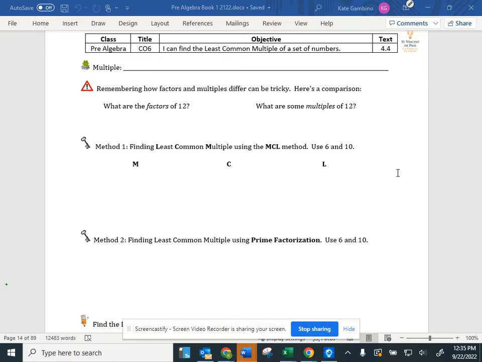All right, so least common multiple. What is a multiple? A multiple is a number that a given number can go into.